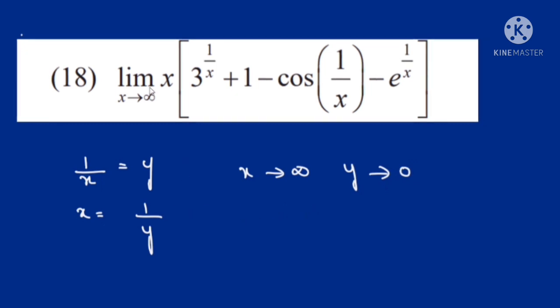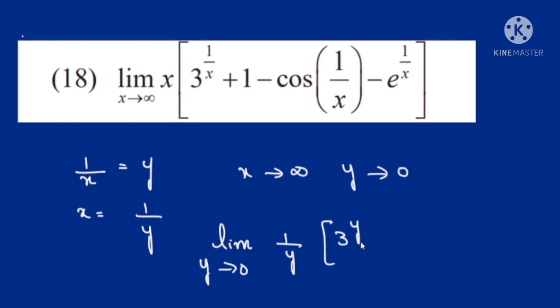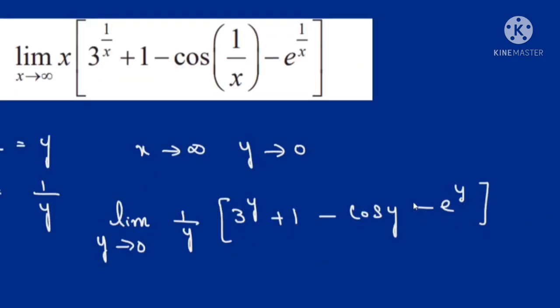So this will change to limit y tends to 0, x you write as 1 by y, and 3 power y, since 1 by x is y, plus 1 minus cos y minus e power y.